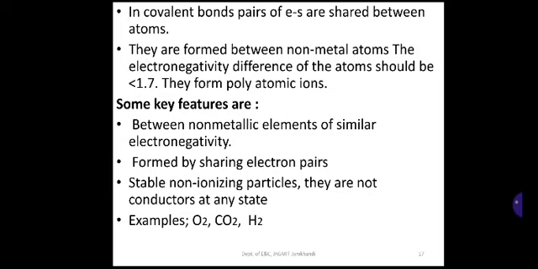They form polyatomic ions. They form between non-metallic elements of similar electronegativity, formed by sharing electron pairs. So they share their electrons with the neighboring atoms. That's why they form a covalent bond.